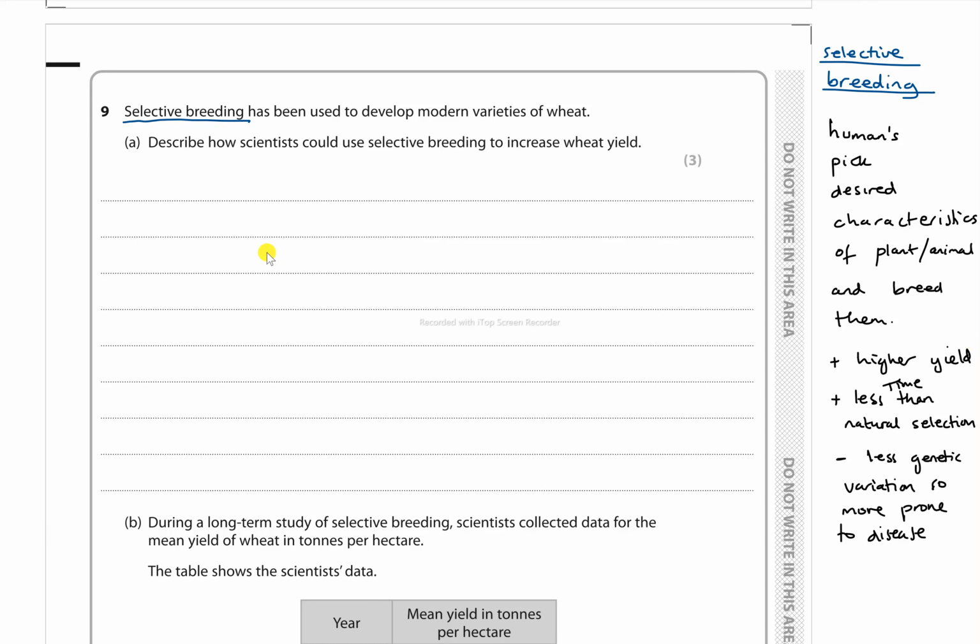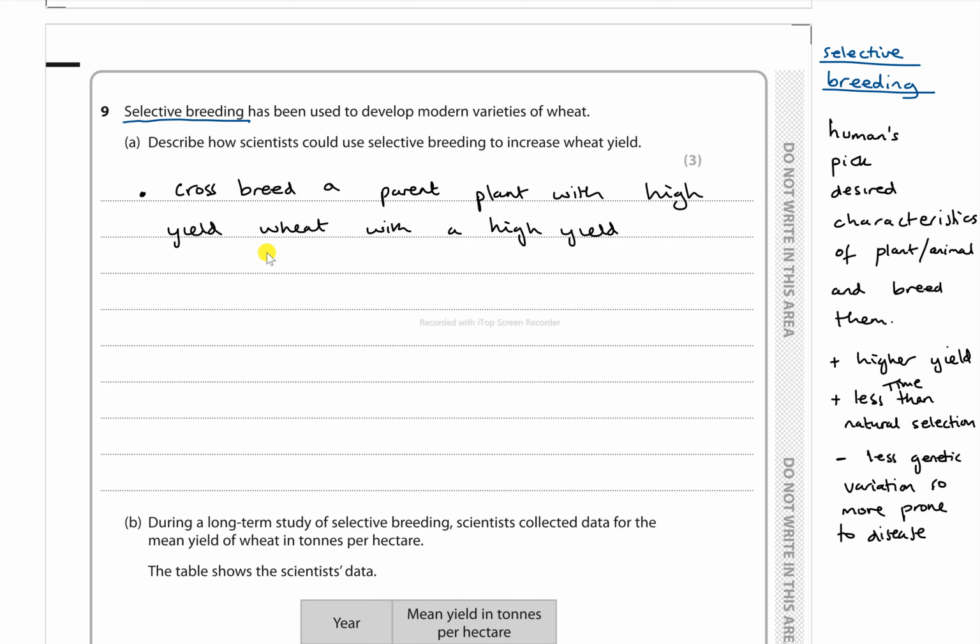Okay, describe how scientists could use it. So what you do is you crossbreed a parent plant with high yield wheat, so it's got lots of grains on it, with another high yield plant, or you can get them to self-pollinate.